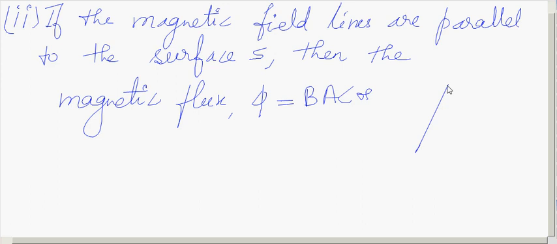Now see, this is the area and we will have area vector like this.